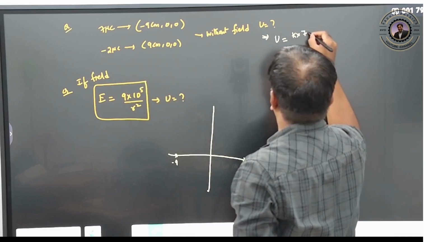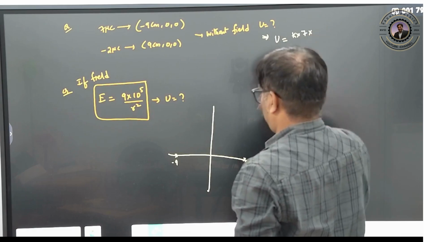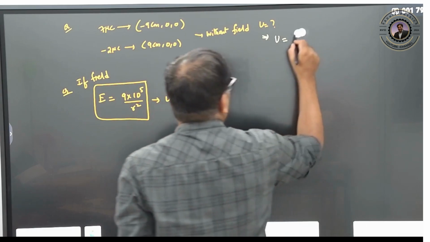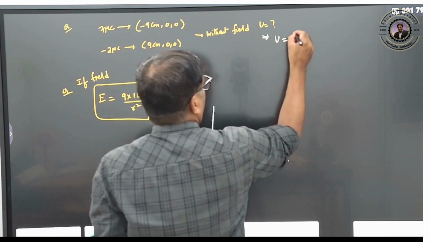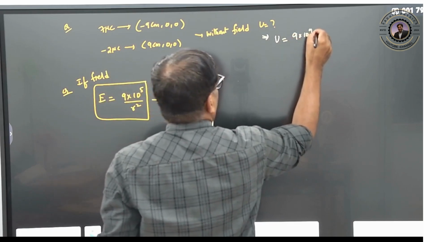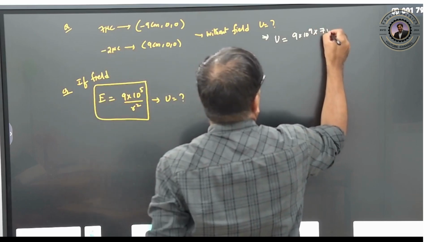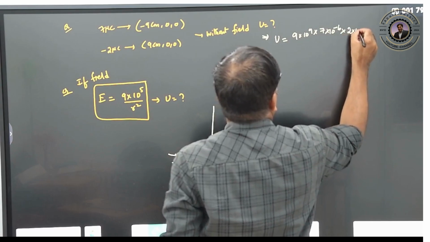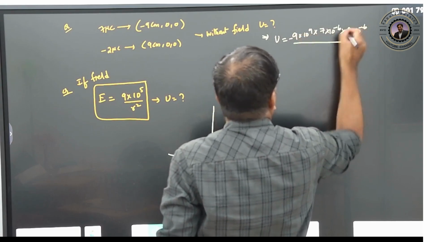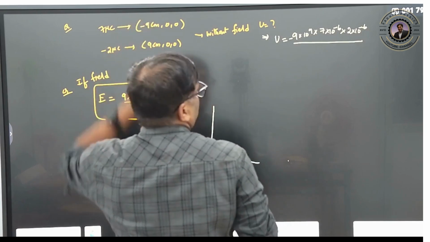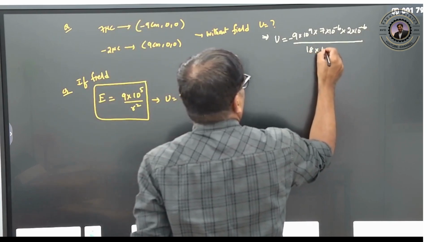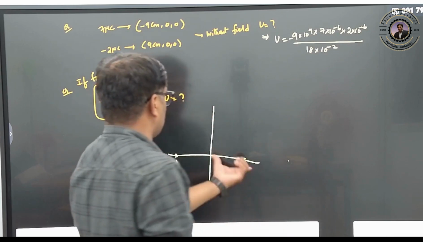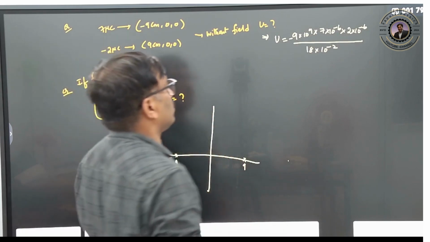Therefore k into 7 into 10 to the power minus 6 into 2 into 10 to the power of minus 6, and this is minus. Why minus? The distance between them is 18 centimeter, 10 to the power of minus 2. Clear? The distance between them is 18 centimeter.